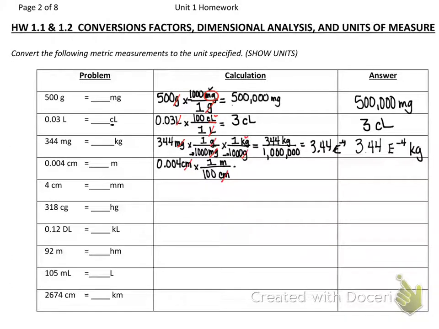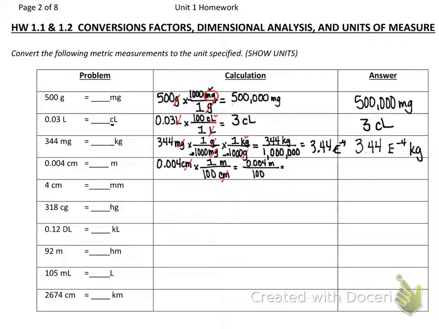So now we can write our equal sign. Now we end up with 0.004, my unit is meters, and I still have a denominator. My denominator is 100. So then I'm going to take 0.004, and I'm going to divide that by 100.